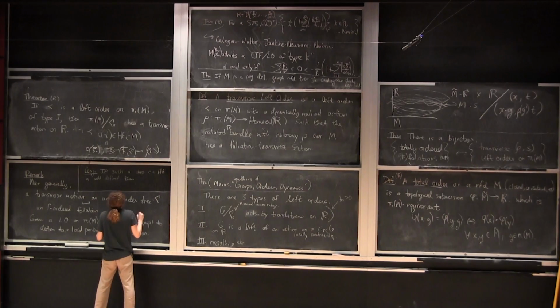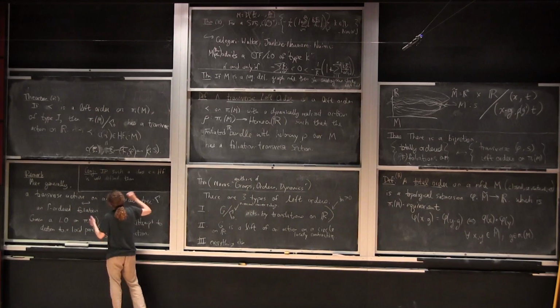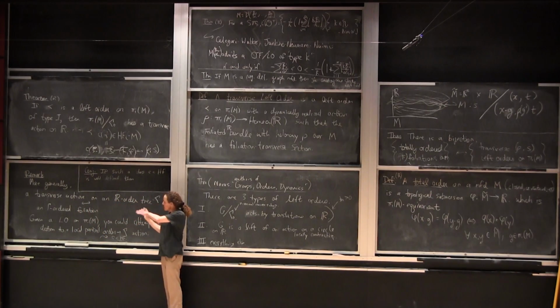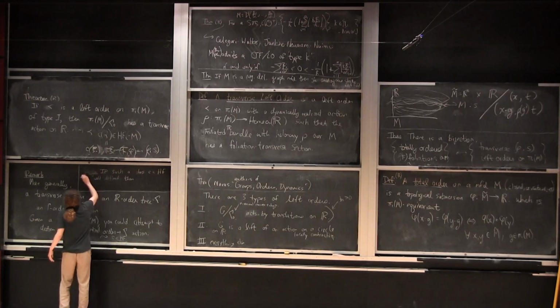then I guess I don't have to say it. If that's well defined, then that would give me an obstruction on the spin C structures that I can associate to left orders. So maybe I should just call this a remark.